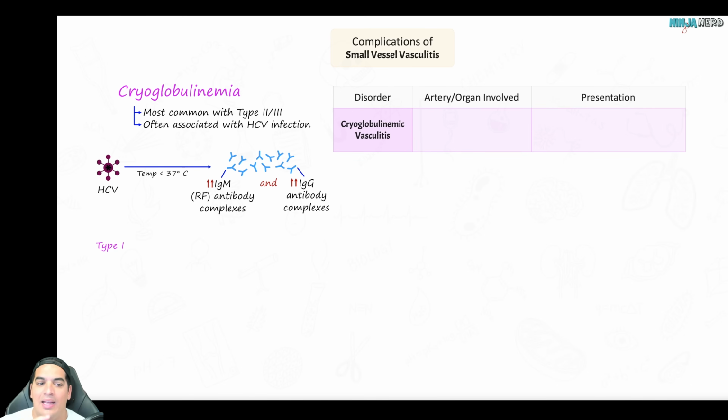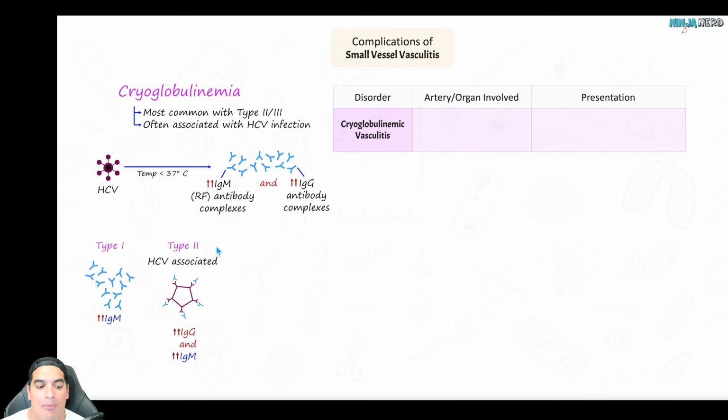Before we do that, I want to briefly pay homage to the types. So type 1, we see where there's primarily increased monoclonal IgM antibodies. We can see this in patients with multiple myeloma and Waldenstrom's macroglobulinemia. Type 2, we see that they have what's called monoclonal IgM antibodies and polyclonal IgG antibodies.